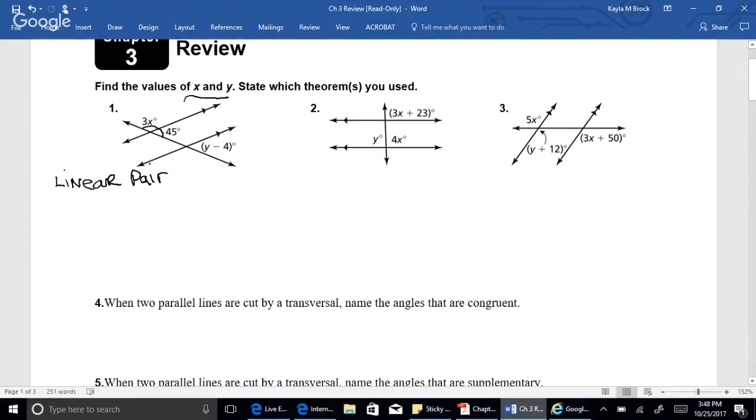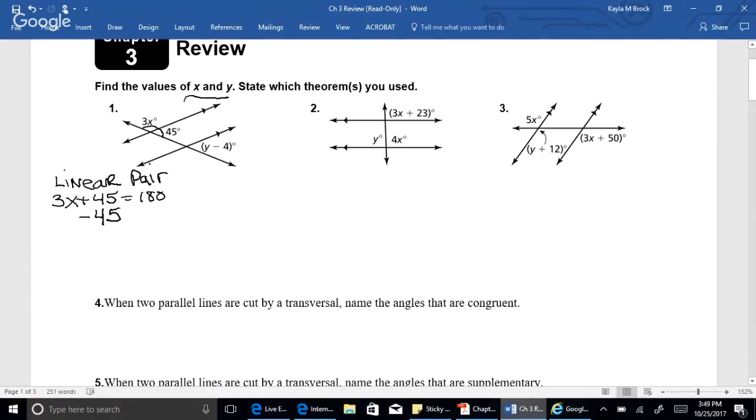And it's 3x plus 45 equals 180 degrees because linear pairs always add up to 180 degrees. A straight line is always 180 degrees. And from here, we're just going to solve for x.